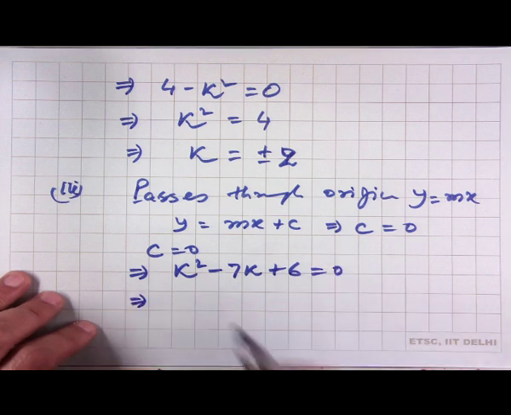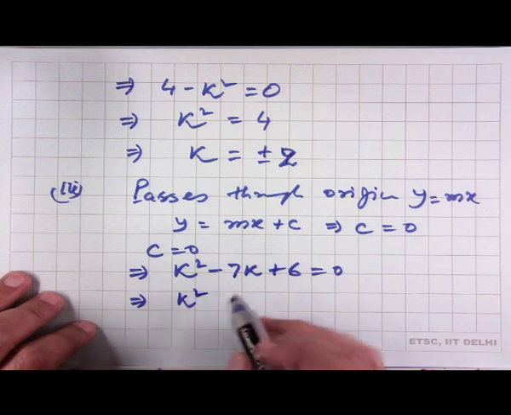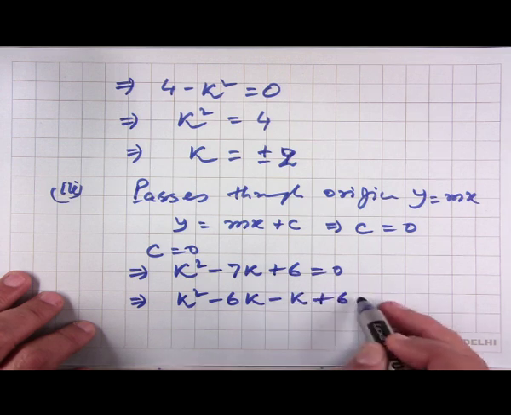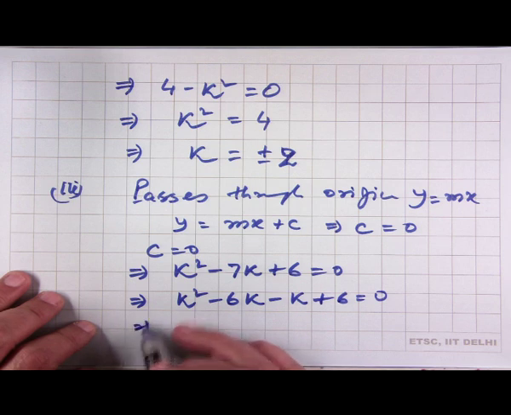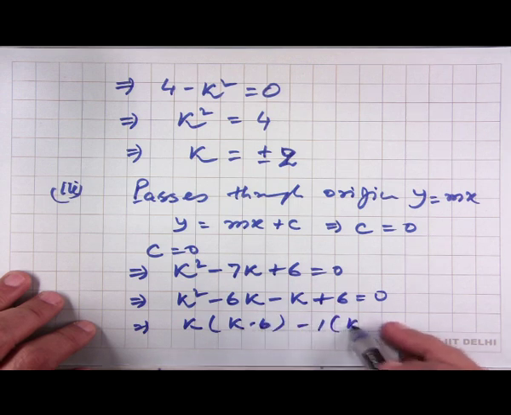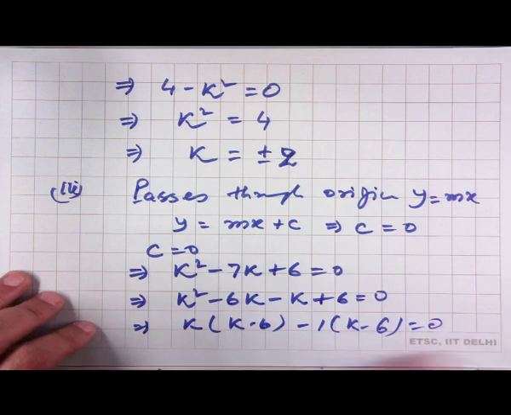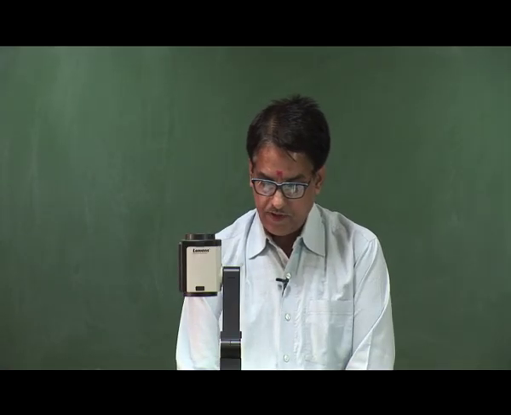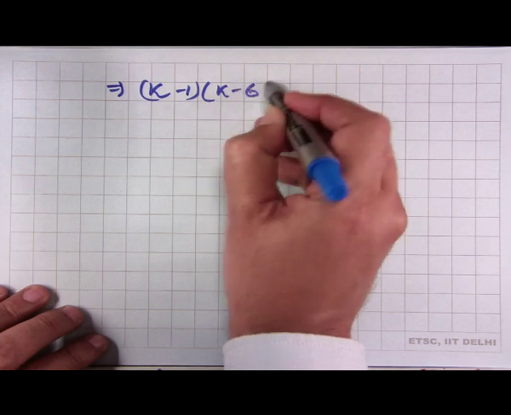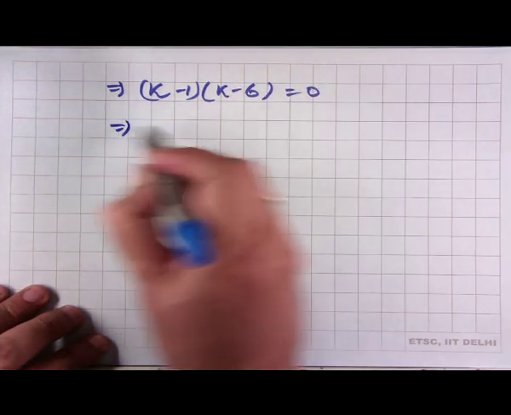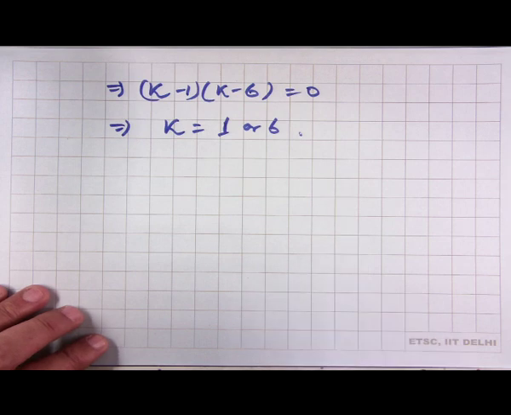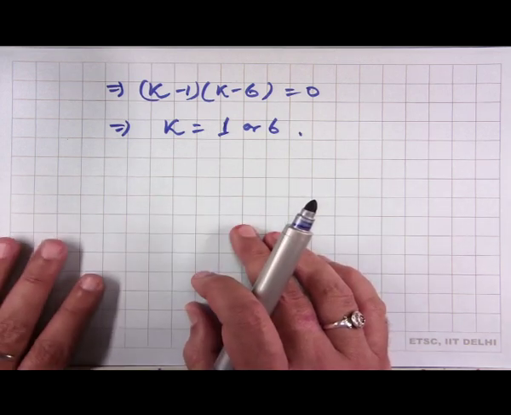This implies k square minus 6k minus k plus 6 equal to 0. So this implies (k minus 1)(k minus 6) equal to 0. This implies k equal to 1 or 6. So for these two values, the line is passing through the origin.